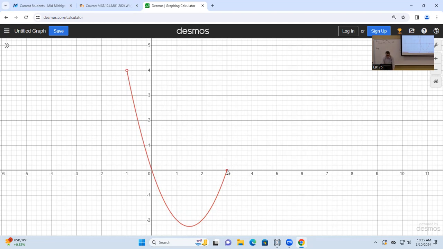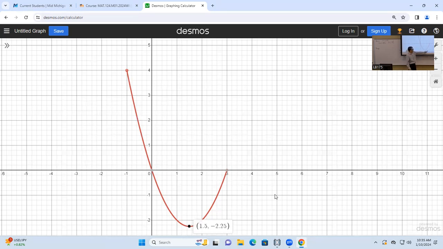Now, be careful because the bottom value is not 0 for y. The bottom value is actually -2.25. It might be a little hard to see there, but I'm just highlighting it. It will probably be a better example on the homework, where you can clearly see 0.25 or something.